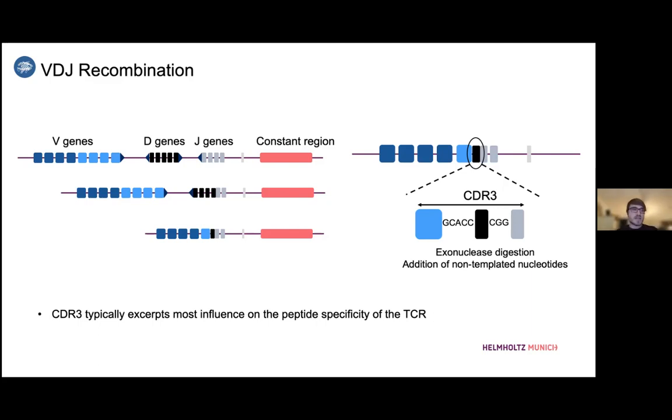So it's not surprising that in most cases, the CDR3 region is determining the binding specificity of the T-cell receptor. There are, of course, exceptions to this, where other CDR regions are also determining the binding affinity of the T-cell receptor, but in the majority of cases, this is mostly determined through the CDR3 loop.